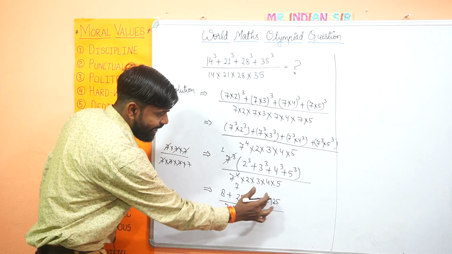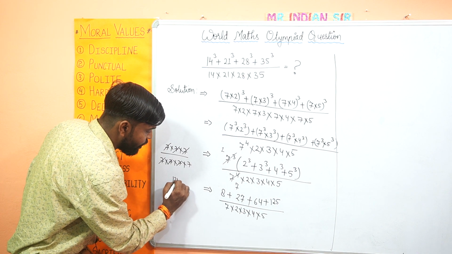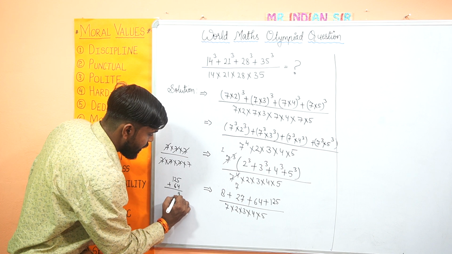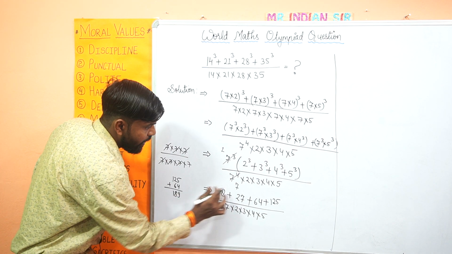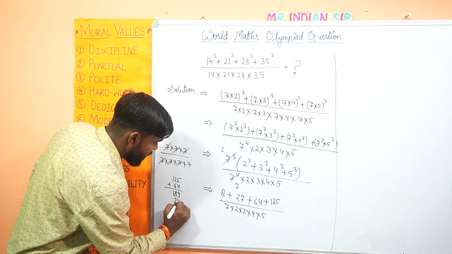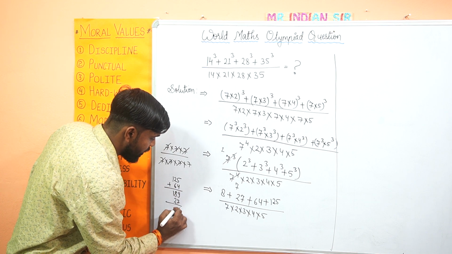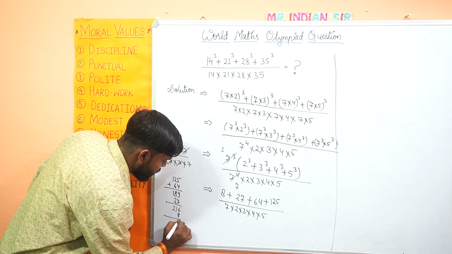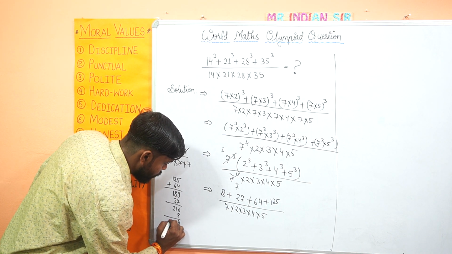Let's add the numerator. 125 plus 64 will become 189. Then we add 27, it will become 216. Then 216 plus 8 is 224.